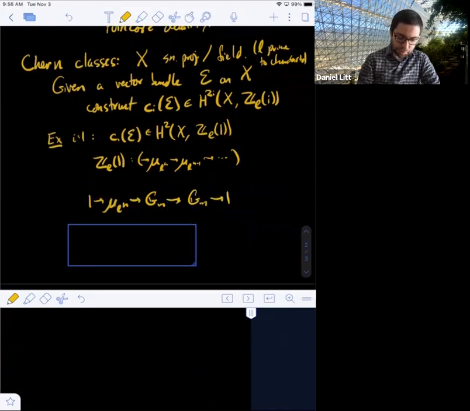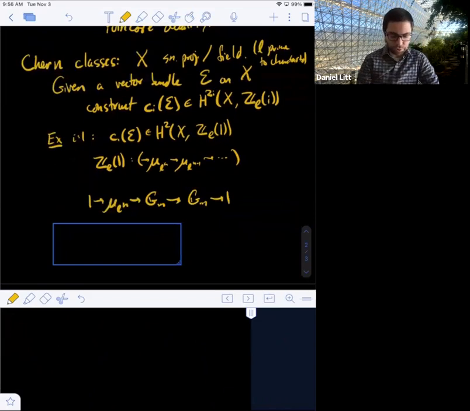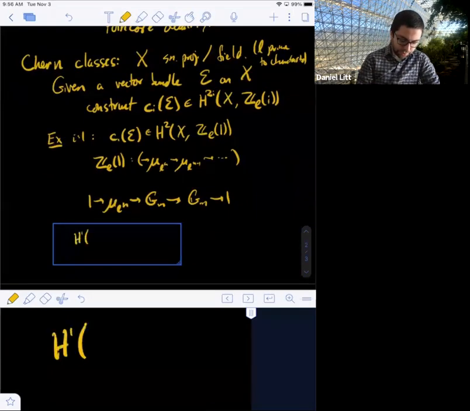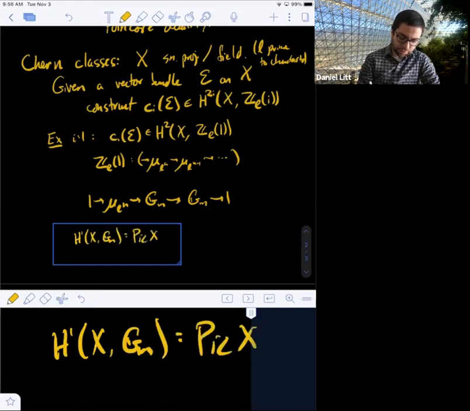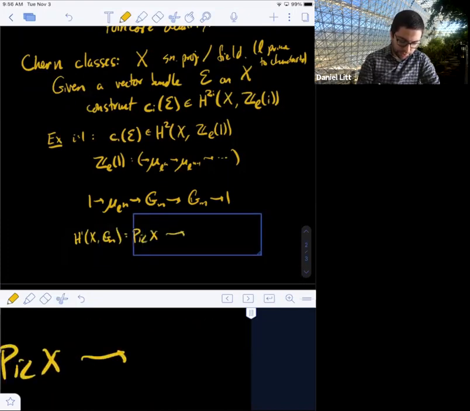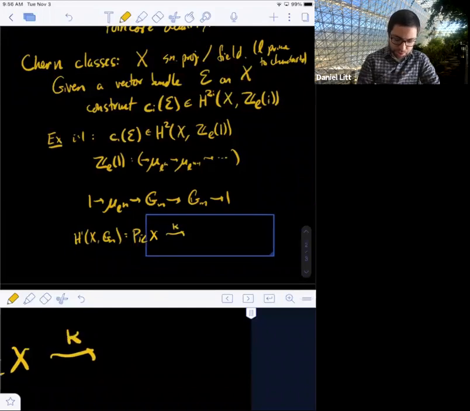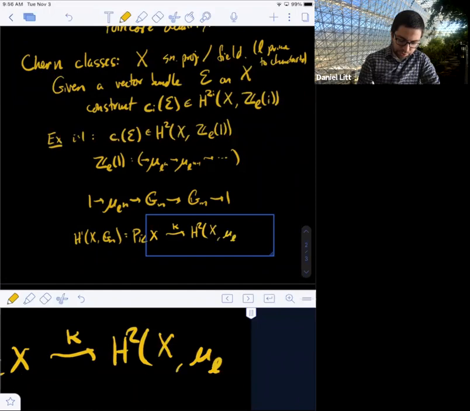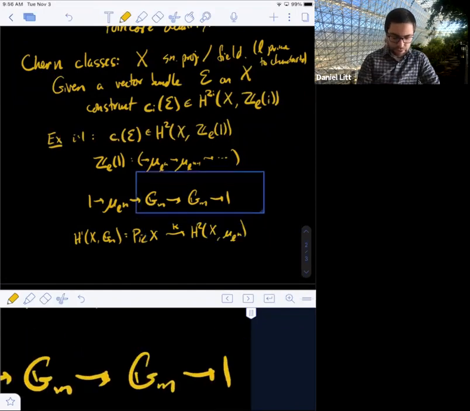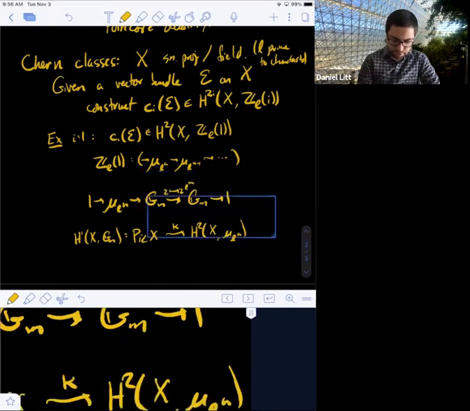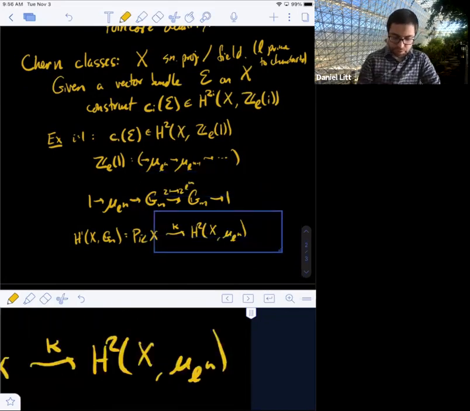which gives rise to a Kummer map. This is the boundary map from H^1 of X with coefficients in G_m, also known as Pic X. Let me call this boundary map kappa, for Kummer, to H^2 of X with coefficients in mu_{l^n}, where this is the l^n-th powers. These maps are compatible, so I should call this kappa_{l^n}.